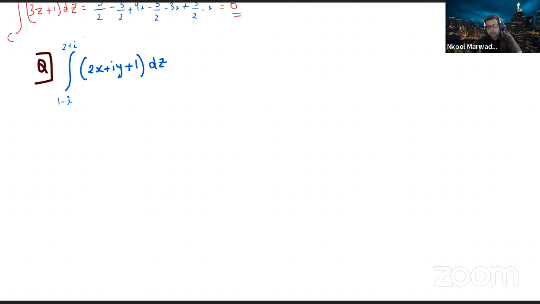So you can get a question like this, wherein only this integral will be given and nothing else. From this integral, we can see that the interval of the contour is given, the arc, that is 1 minus i to 2 plus i.